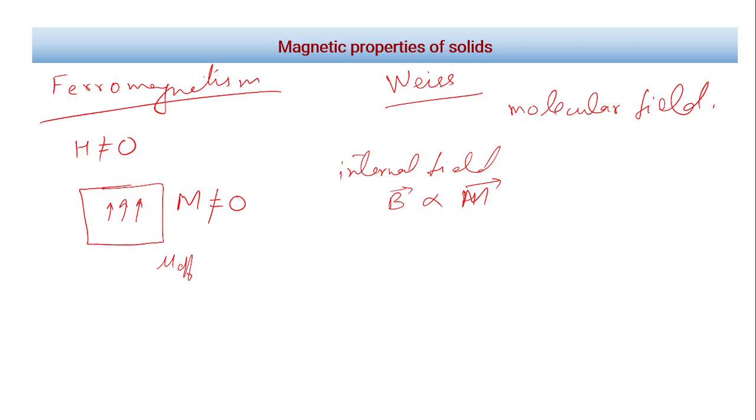But if you would see, or you would have already seen, when we derive based on this model, this internal magnetic field, and get the magnitude of the internal field, it comes out to be a huge value, something like 10 to the power 3 Tesla, which is a very big value, because even 1 Tesla is difficult to generate, and 10 to the power 3 Tesla is very, very big.